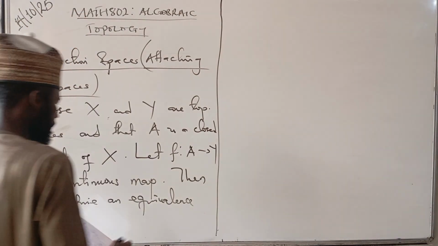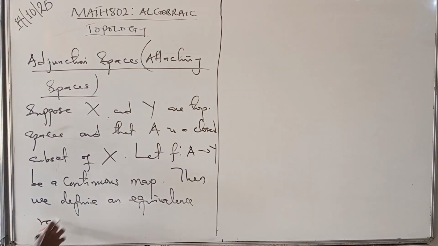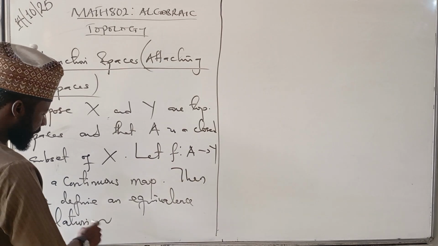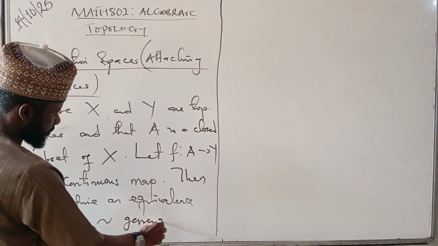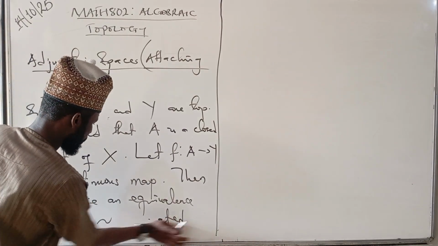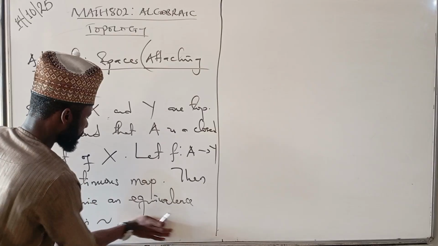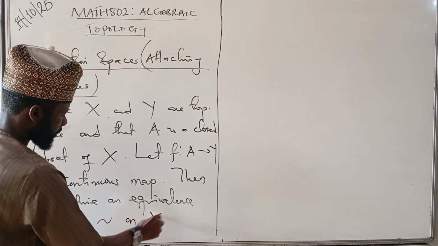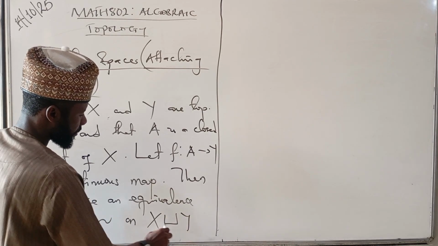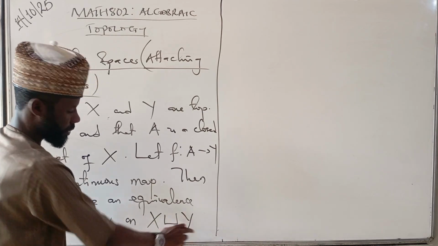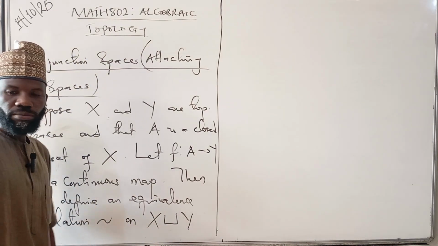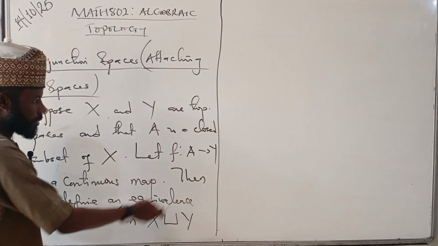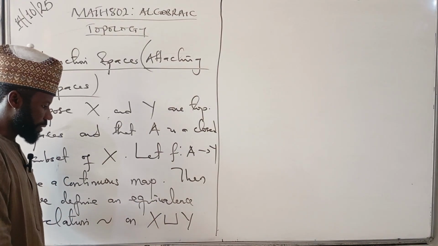So you define an equivalence relation, tilde, to be the one generated by, but you define it on what? On X union Y. You remember this? It's a disjoint union space. You can always form this disjoint union space.